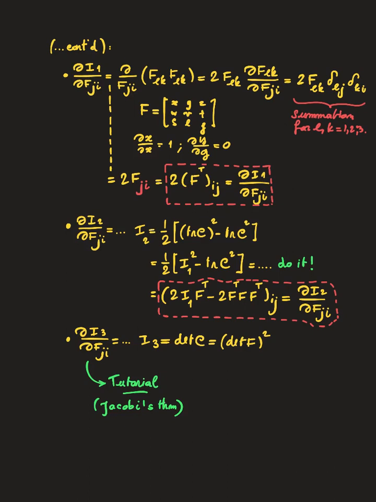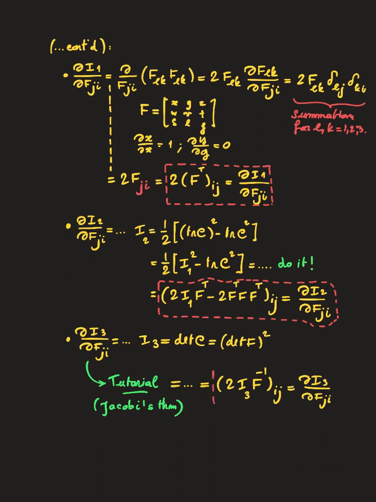So you may well have seen this in other parts of the course, but when you do your little calculations here, which is not complicated, you obtain that the derivative of I3 relative to Fji is equal to the ij component of the tensor 2 I3 F to the minus 1. And I want to box also this expression.